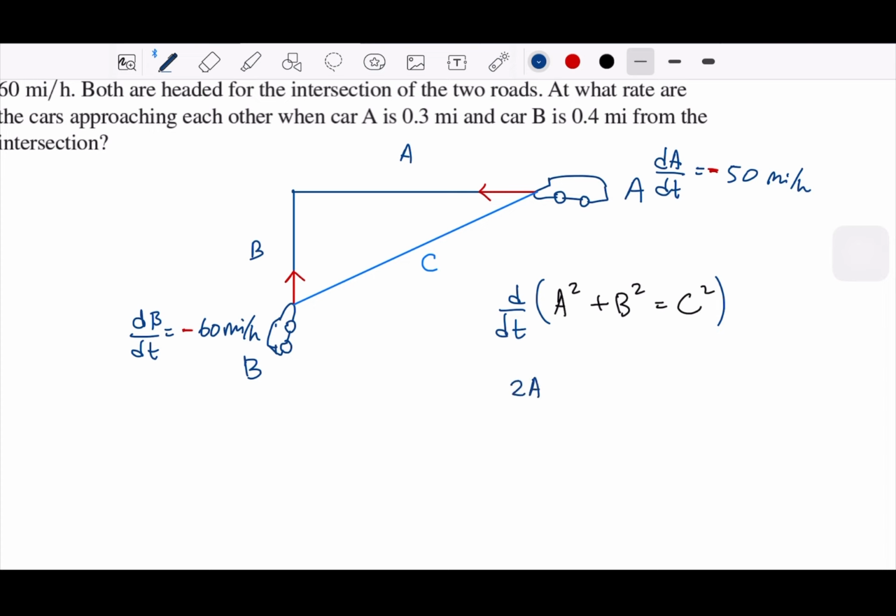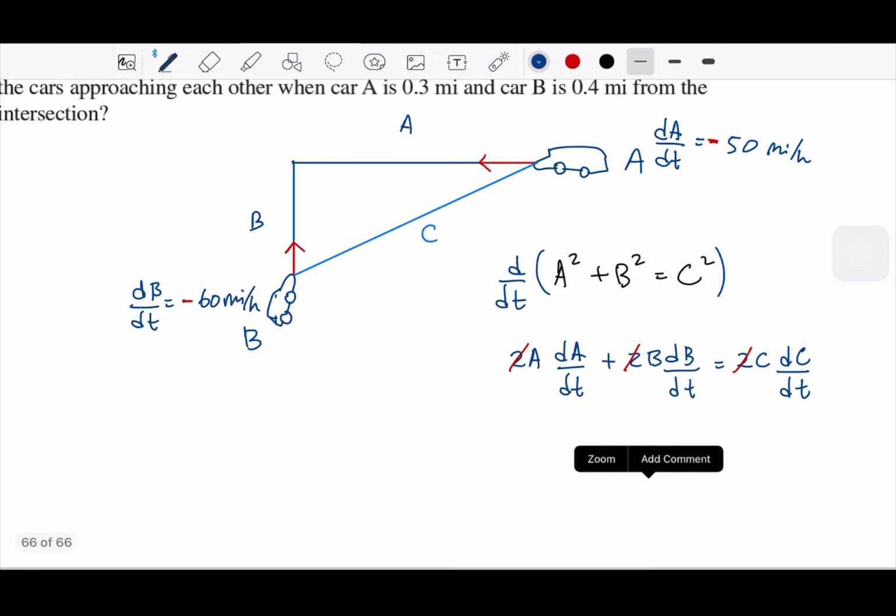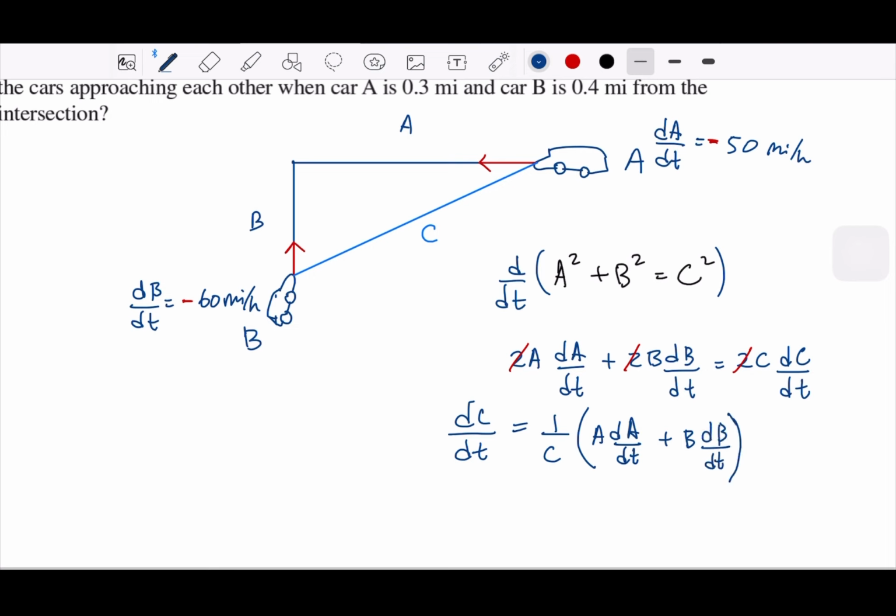So we are going to have 2A dA/dt plus 2B dB/dt, and then canceling all the twos, we are going to have dC/dt is equal to 1 over C multiplied by (A dA/dt plus B dB/dt). Okay.